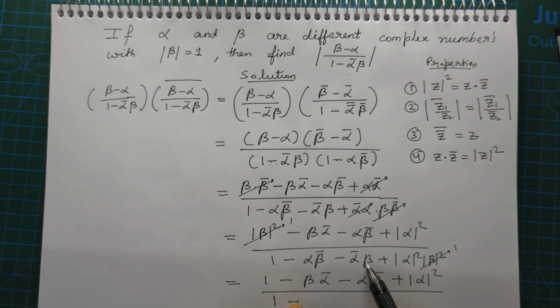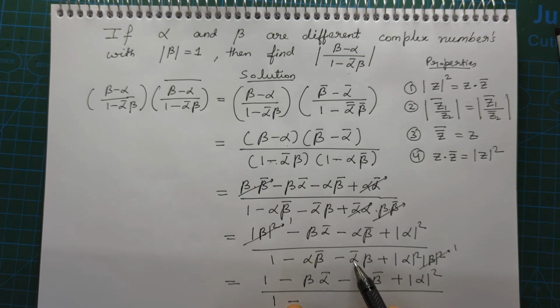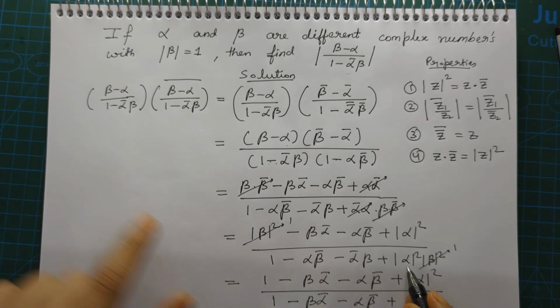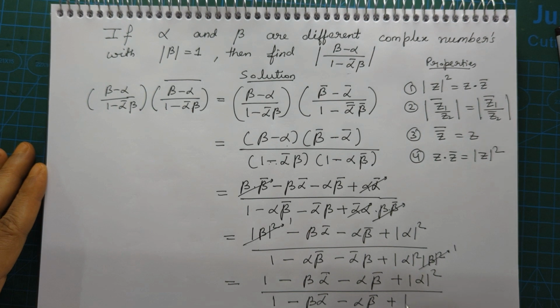So I'm writing this one first, minus alpha conjugate beta, which I'm writing as beta alpha conjugate because multiplication of complex numbers is commutative. And then this one, alpha beta conjugate, plus mod alpha square times 1 is mod alpha square. And you see numerator and denominator are the same thing, so that turns 1 on cancellation.